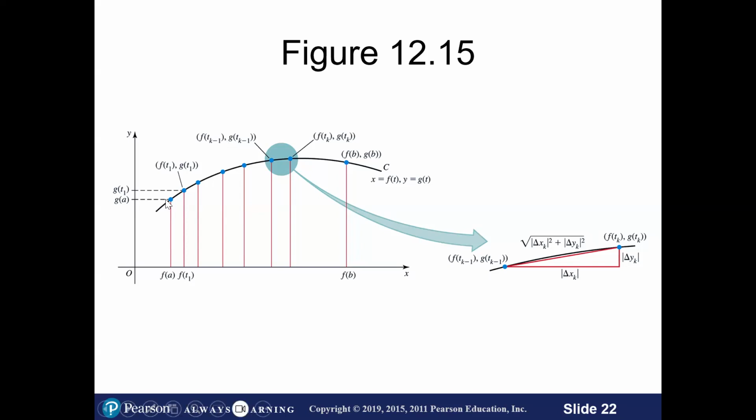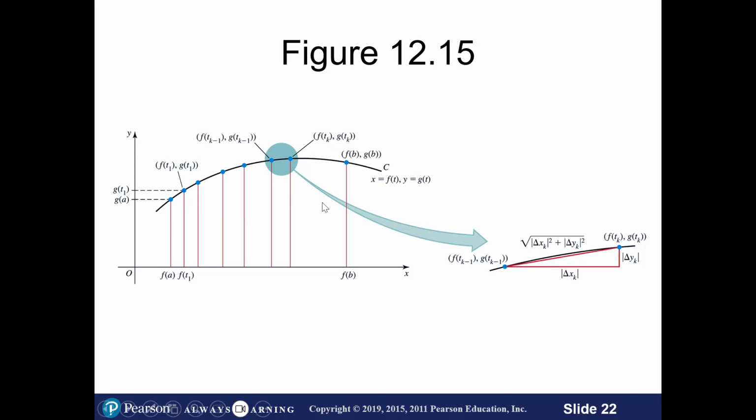And then I want to look at one of those subintervals, one of those pieces of the curve. Let's call that the kth piece. So it's from t k minus 1 to t k. So one point on the curve is f of t k minus 1, g of t k minus 1. The other endpoint is f of t k, g of t k.